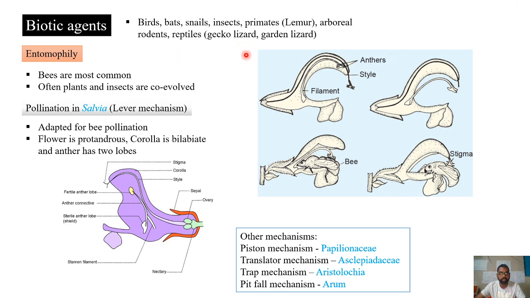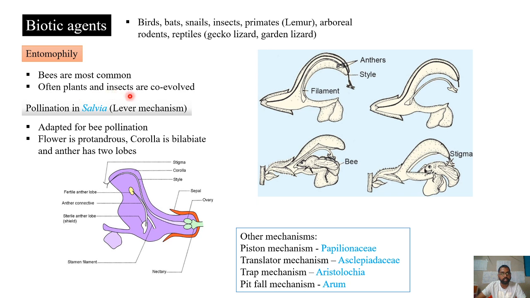Even the elephants can help in the pollination process. The first kind which we are going to discuss in detail is the entomophily, where the insects are the pollinating agents. Most of the entomophily is actually through the bees. So bees are the most common type of biotic agents even in the entomophily.